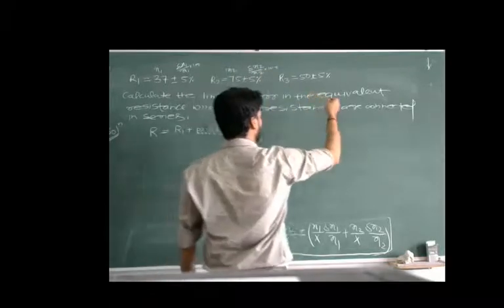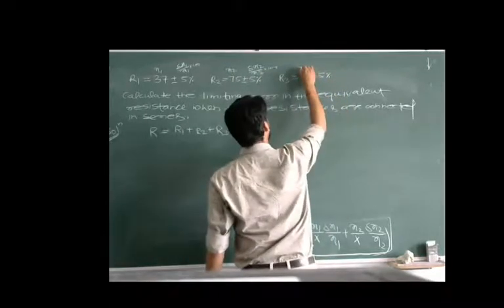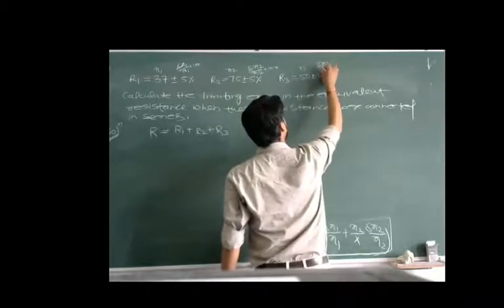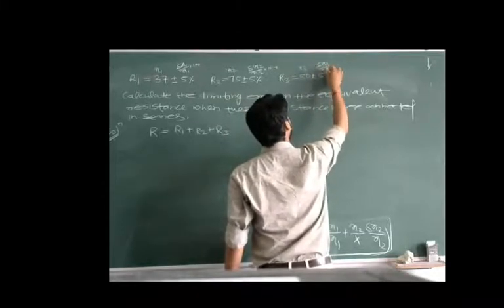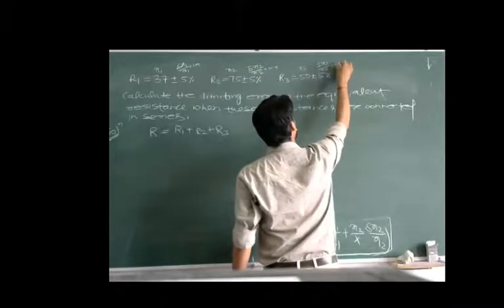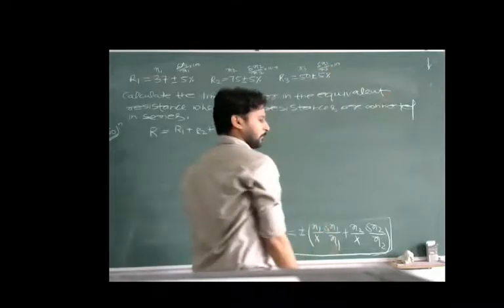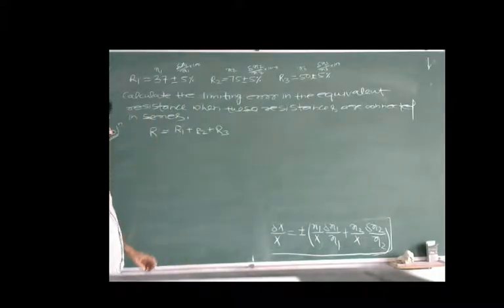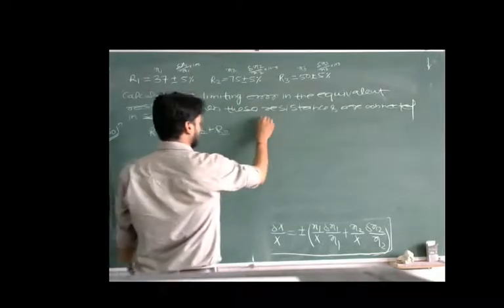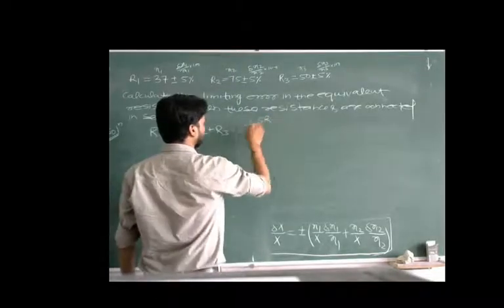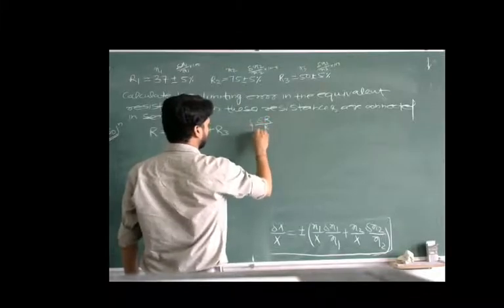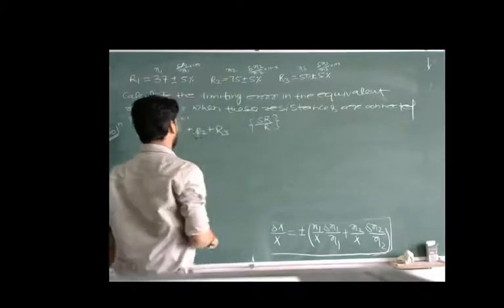Because this is given in percentage, this is x3, this is the value of del x3 over x3 into 100. We have to find the value of del R upon R, the limiting error in the result.